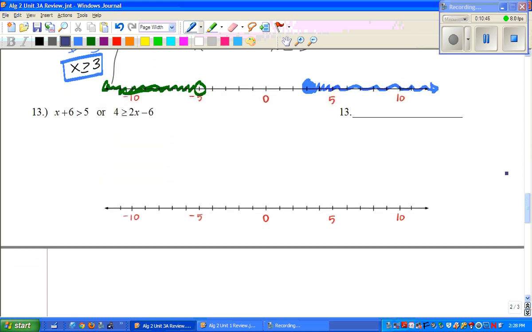All right, 13, last one. Once again, we've got two inequalities in here. We get x is greater than -1. Start solving for the x.